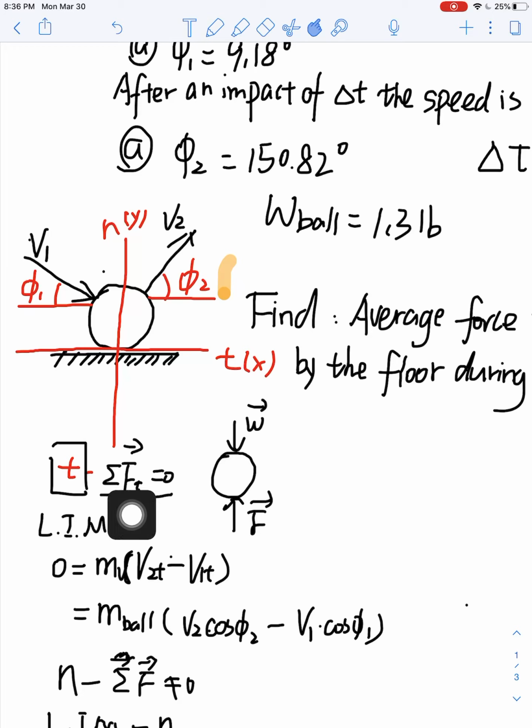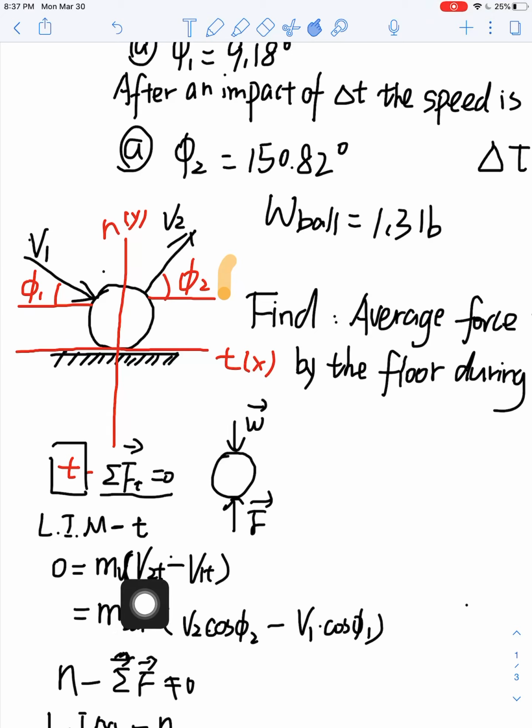So we get the sum of the forces in t direction equals 0, and we can use the linear impulse momentum equation in t direction. Since the sum of the forces is 0, that implies the conservation of momentum.